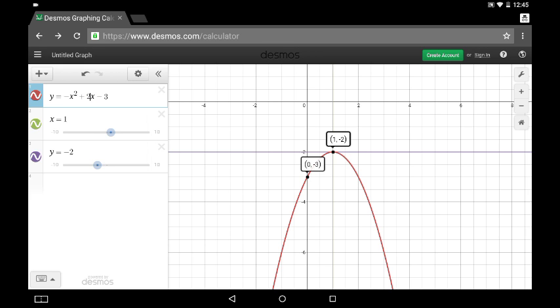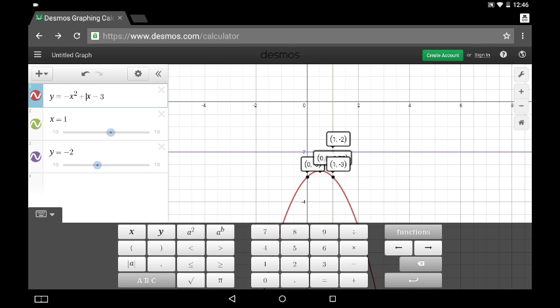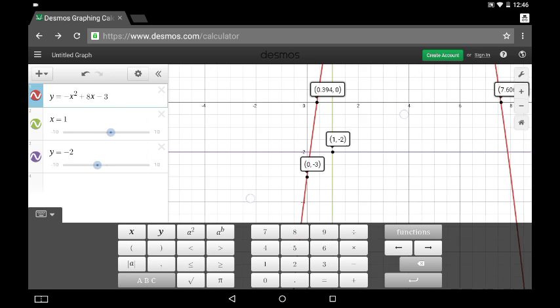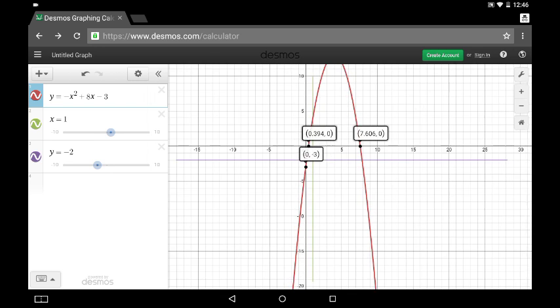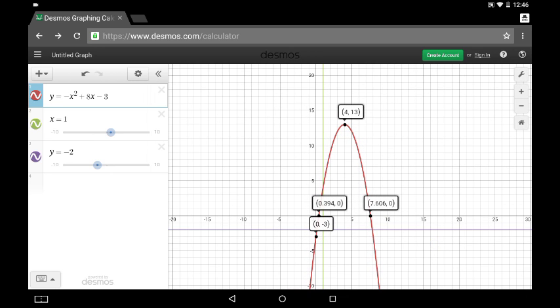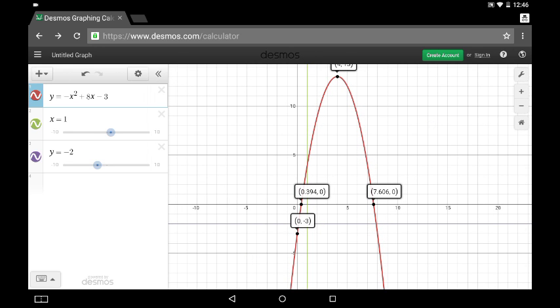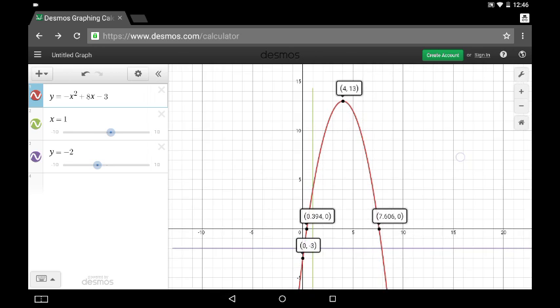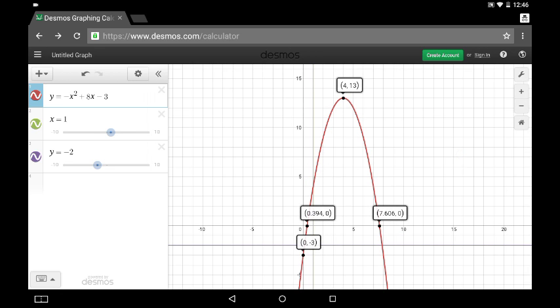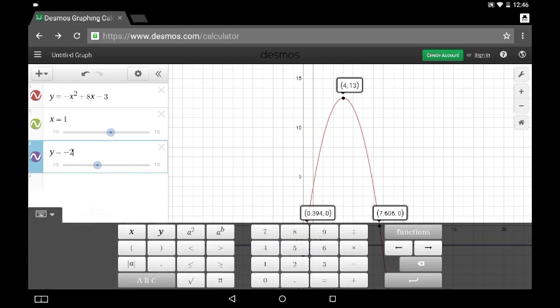Alright, let's change a couple numbers here and see what happens. So I made it much bigger. So what can we say about this one? It still opens down, so it has a maximum value. Our maximum value is way up here at y equals 13.